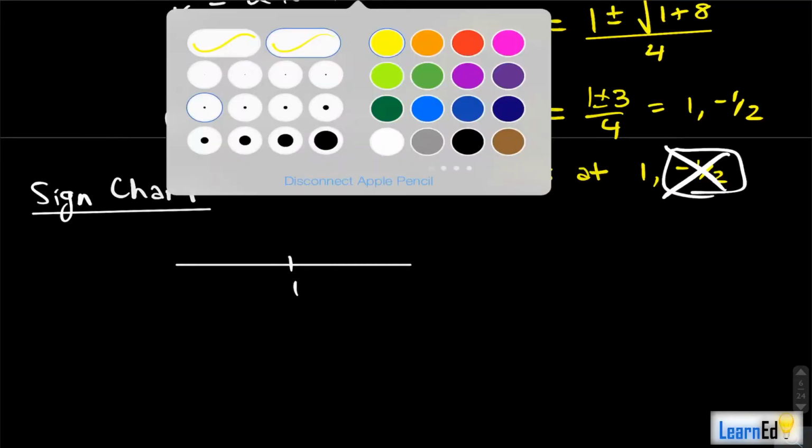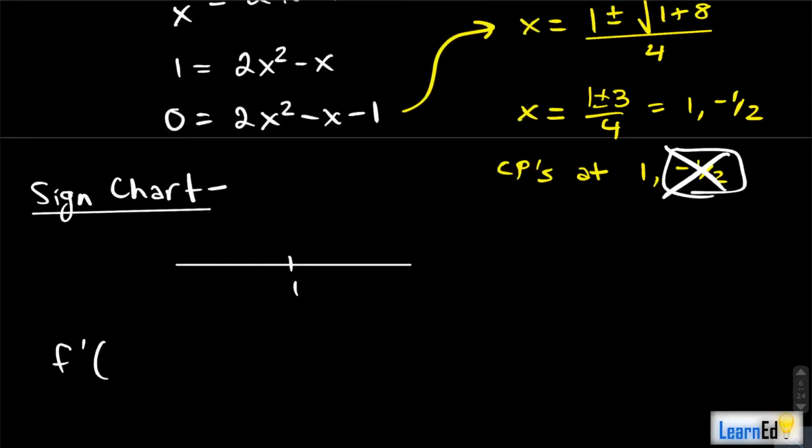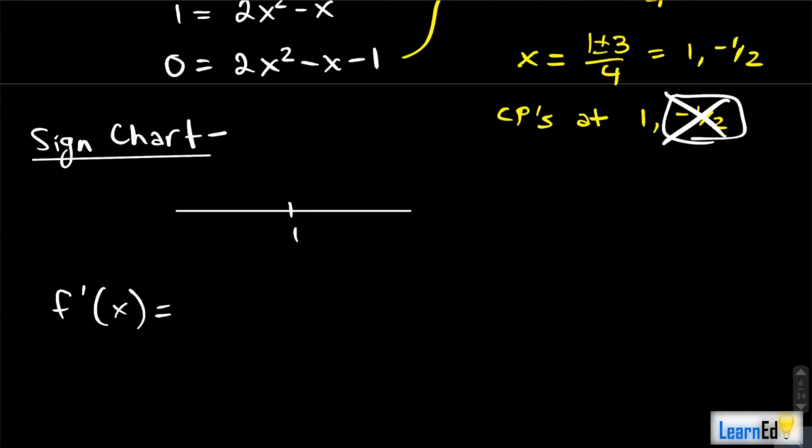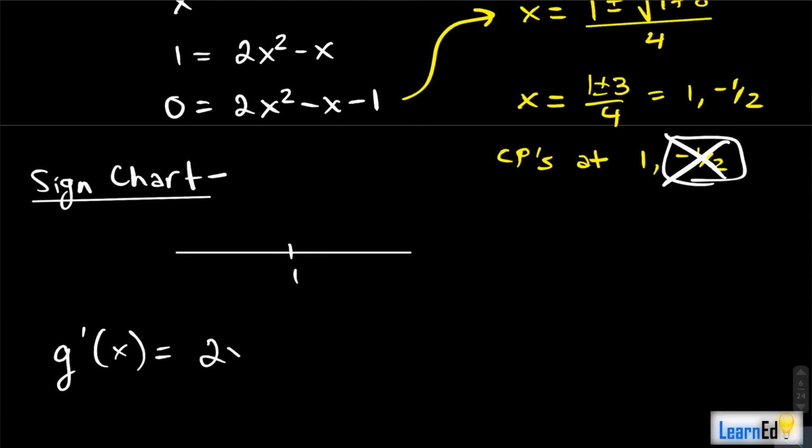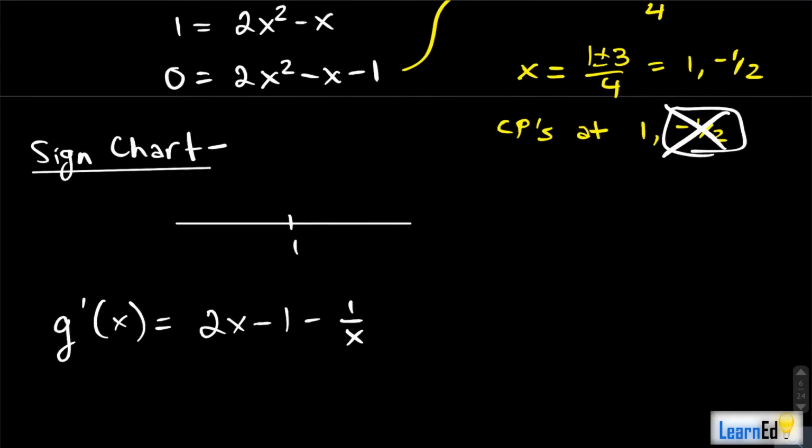So we have g prime of x equals 2x minus 1 minus 1 over x. You can even see right there we couldn't have had a 0 there, and in this case we can't have a negative, but it's more obvious with our g of x function.